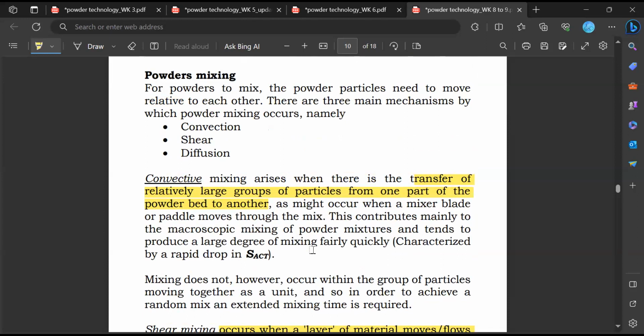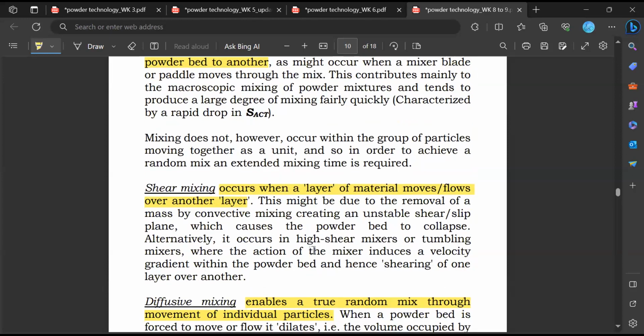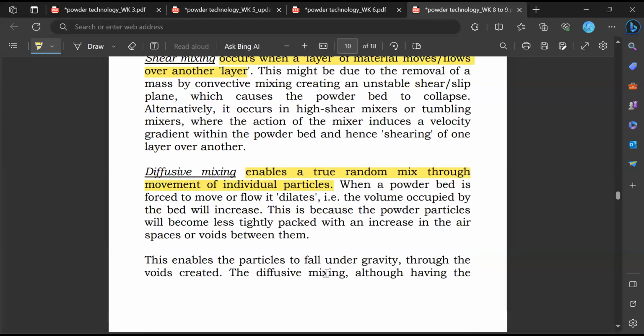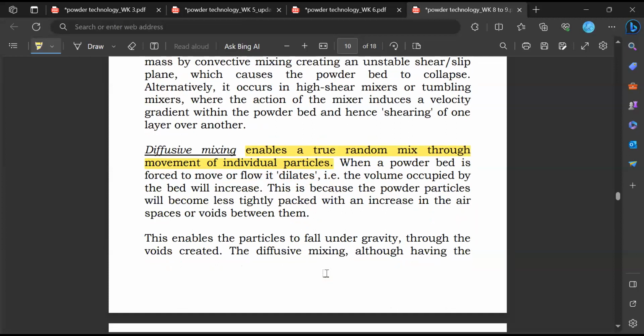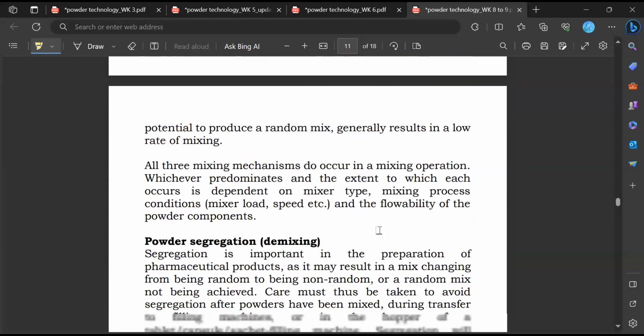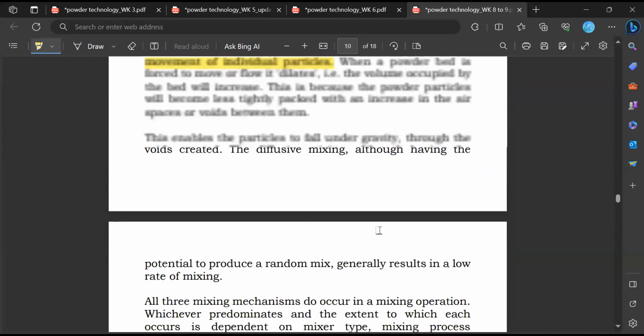Second is shear mixing, where mixing occurs when one layer moves or flows over another layer. Third is diffuse mixing, where individual particles are moved and a true random mix is achieved. Yeah, so that is for mixing.